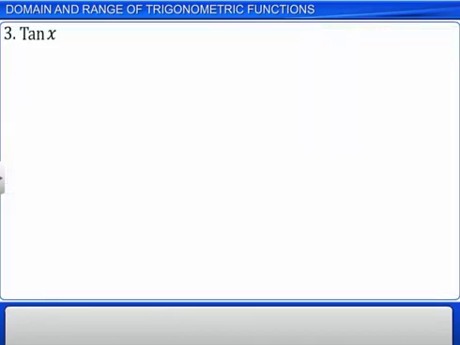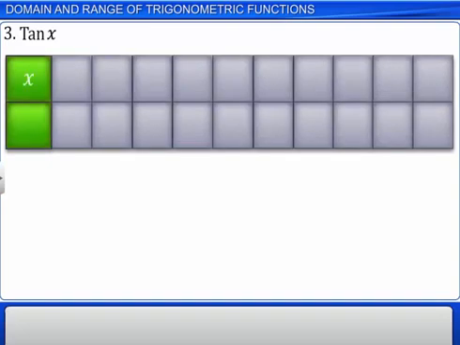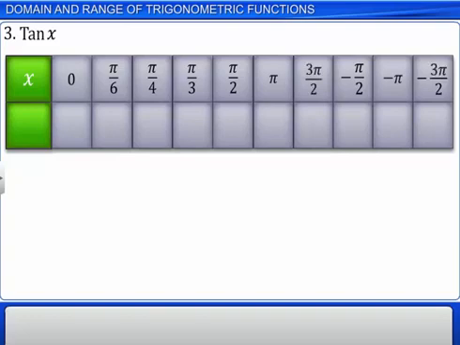Proceeding on to the next function, tan x. Let us take the values of x as 0, pi by 6, pi by 4, pi by 3, plus or minus pi by 2, plus or minus pi, plus or minus 3 pi by 2.